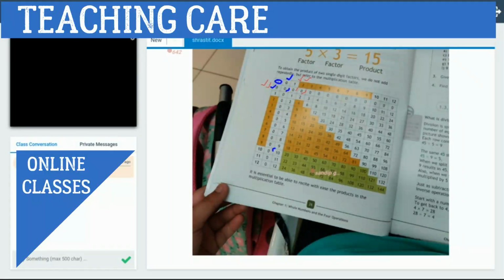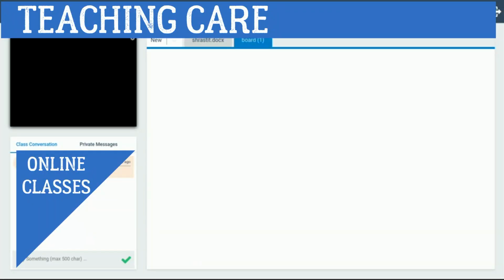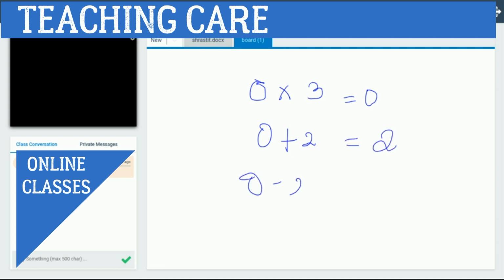So, you have a rule that if you multiply any number with 0, the answer will be 0. If you add or subtract any number with 0, the same number you will get back. But if you multiply any number with 0, the answer will be 0.